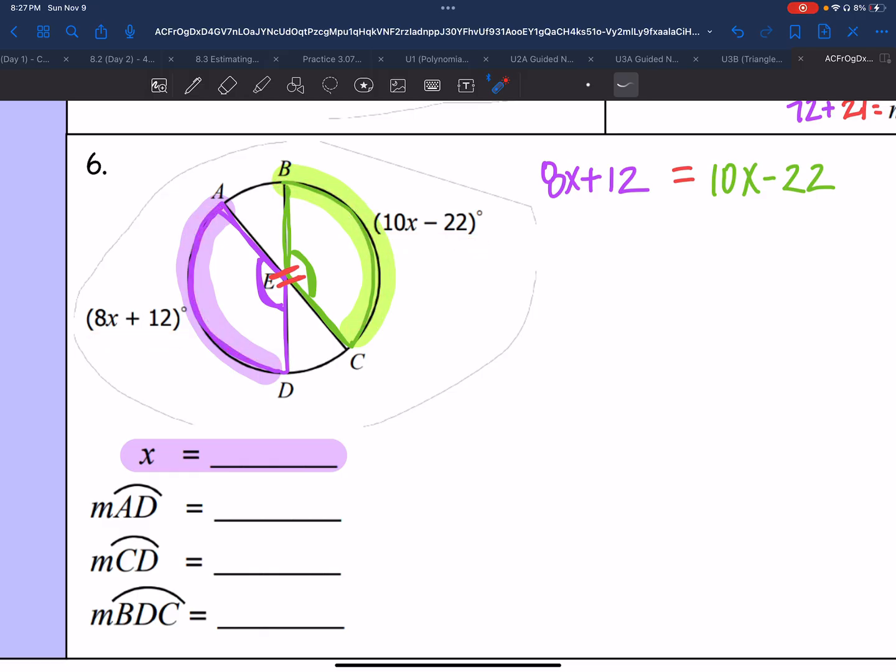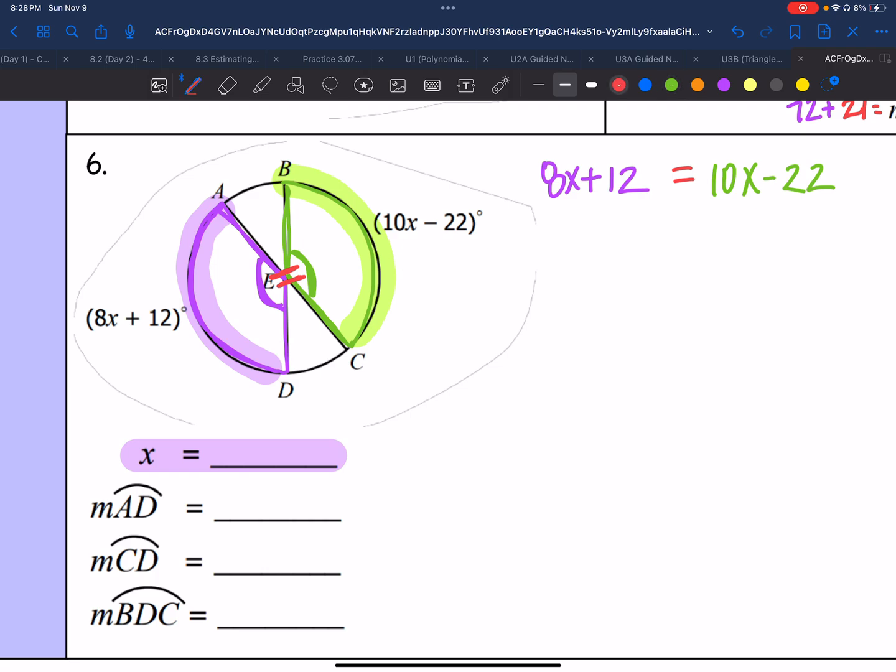We notice that both of these arcs open up to central angles. Those central angles are vertical angles. Vertical angles are equal, which means that our two arcs are also equal, so we set them equal to each other. Now, x is on both sides of our equal sign, so we would have to make a decision as to which side we want to move it to.